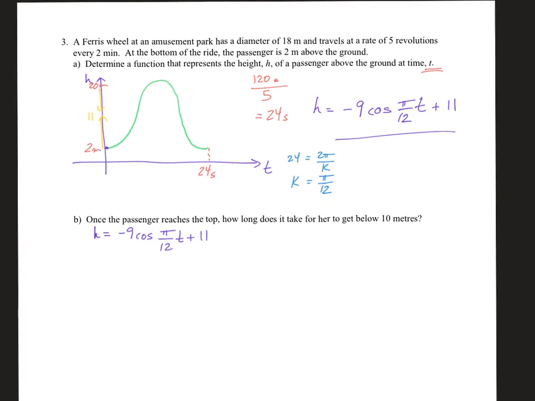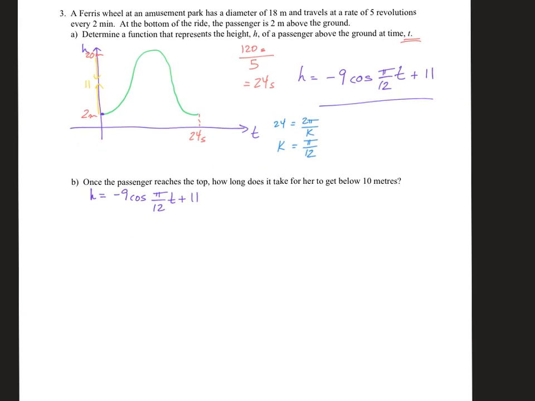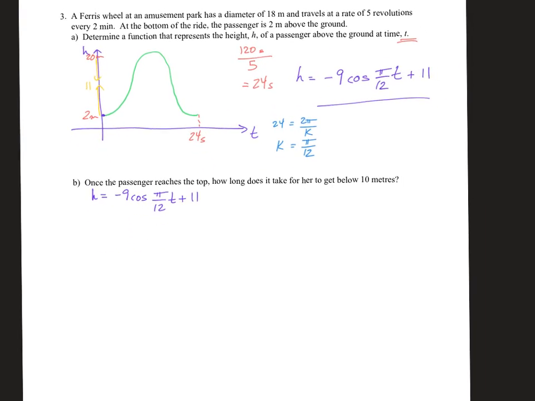So if I shrink that down a little bit and scroll up, that gets us enough room, I think. The question asks, once the passenger reaches the top, how long does it take for her to get below 10 meters? Well, I'm going to solve for when she gets to 10 meters. To know that point is going to be important. And then I can adjust some things.